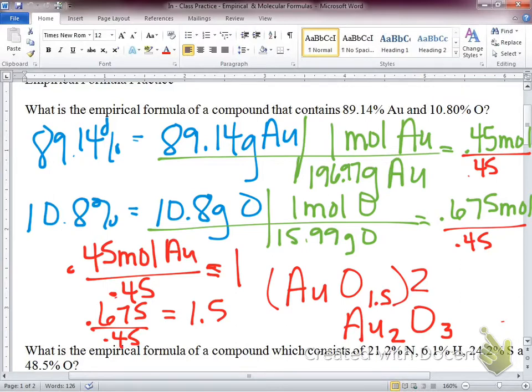Okay, so now you can check yourself by finding the percent composition of Au2O3. That could be a quick check for you to check that empirical formula. So if we want to find the percent composition of Au2O3, or gold oxide, we would take its molar mass and divide one of those elements by the total. Okay, just to check ourselves. So why don't we go ahead and do that?